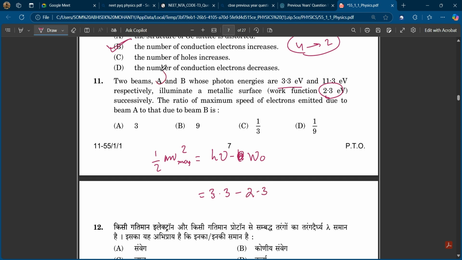For A, this becomes 1 electron volt, so half m v max square is equal to 1 electron volt.